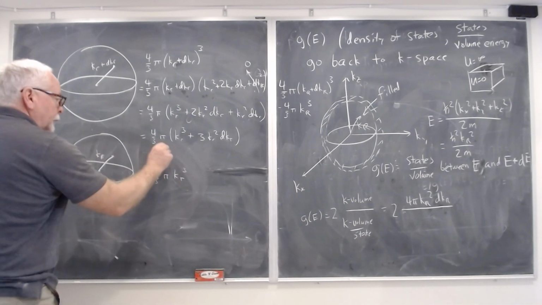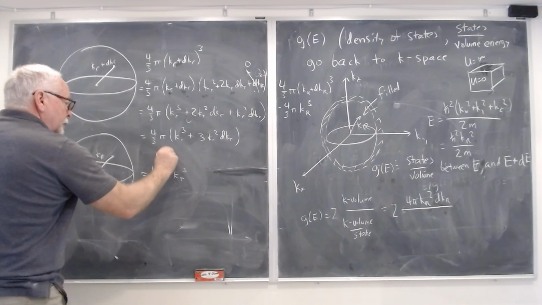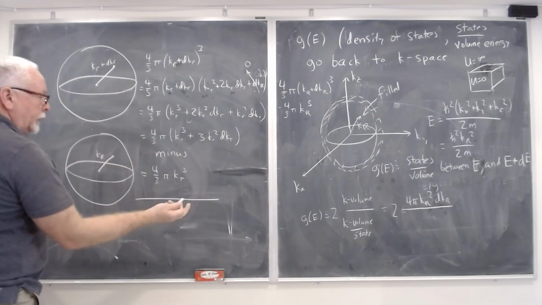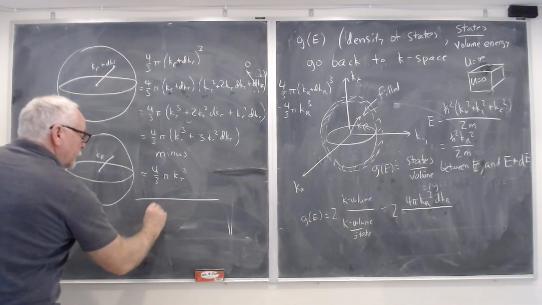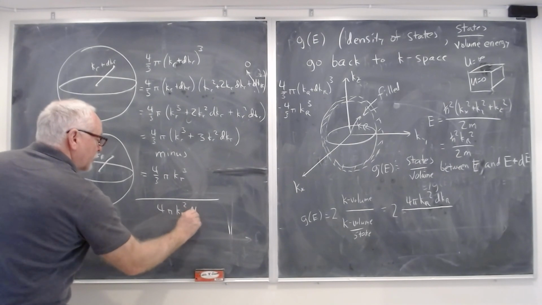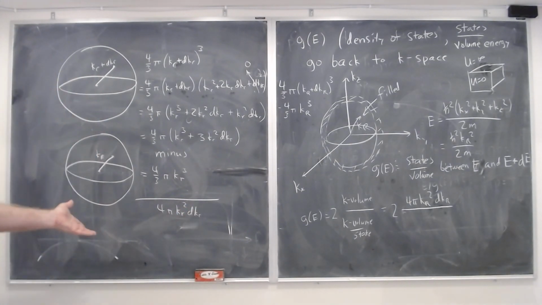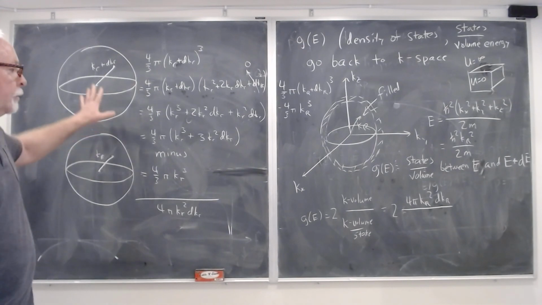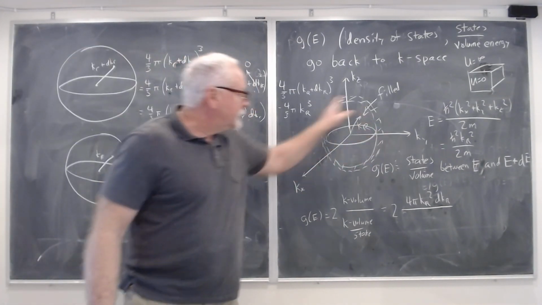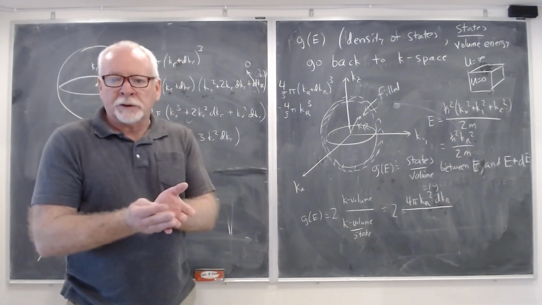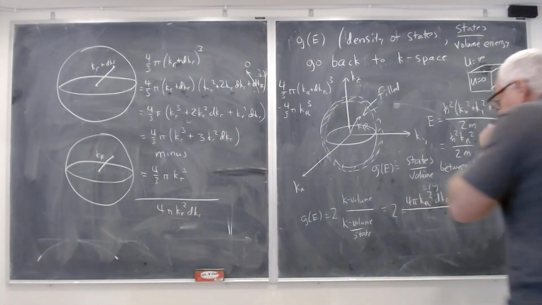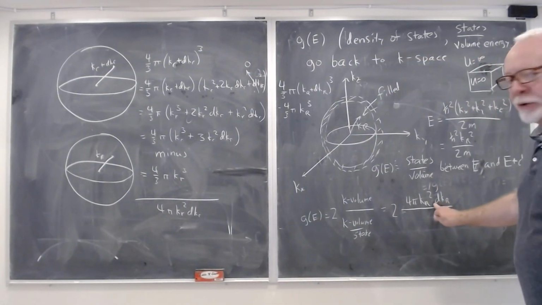Now I'm going to take this one minus that one. That goes away, and you simply are left with 4 pi k_r squared dk_r. So you can show it that way, but the simpler way to think about it is the volume of this shell is simply the surface area of that shell times its thickness, dk_r. All right, so that's the K volume we're interested in.